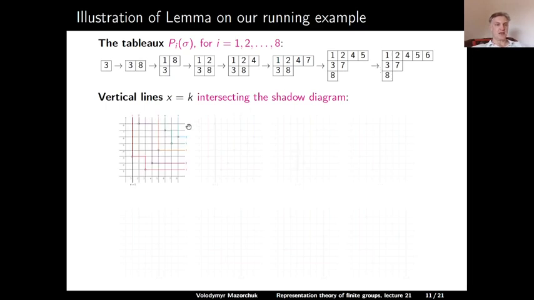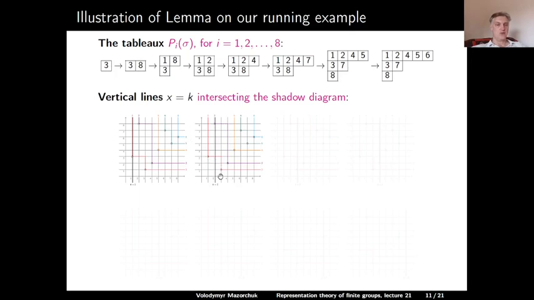So here is the shadow diagram, and the vertical line x equals 1. It's slightly shifted, x equals 1.1, in order to be able to see the intersection points more clearly. This line intersects only the first shadow line, and the intersection is 3. So we have exactly this 3 as in the first insertion tableau.